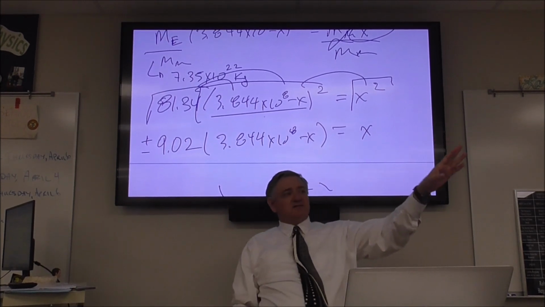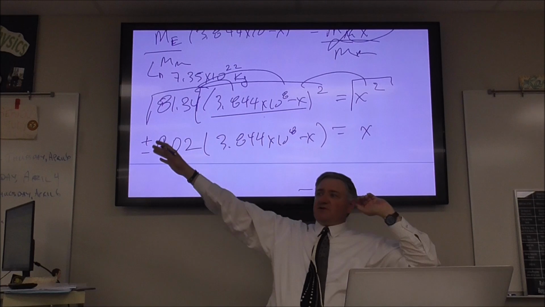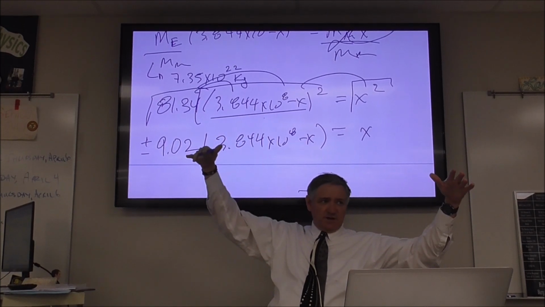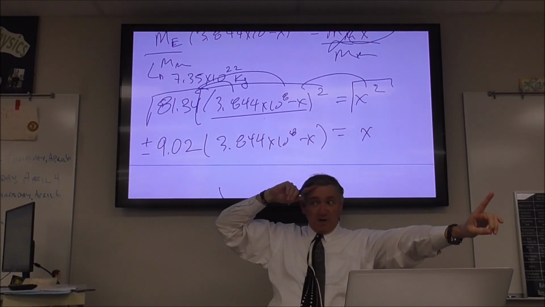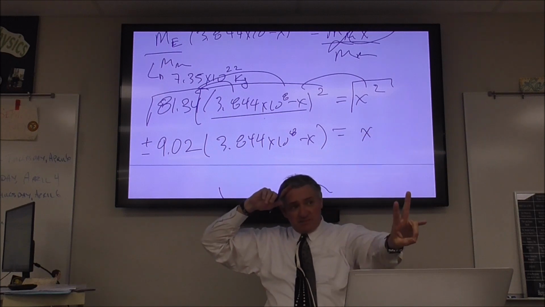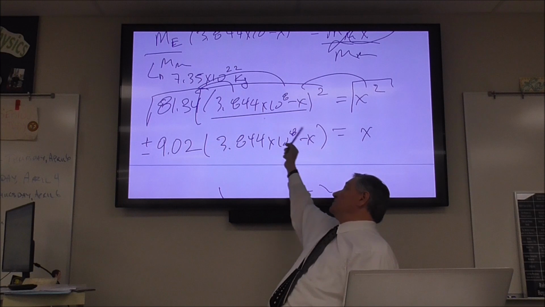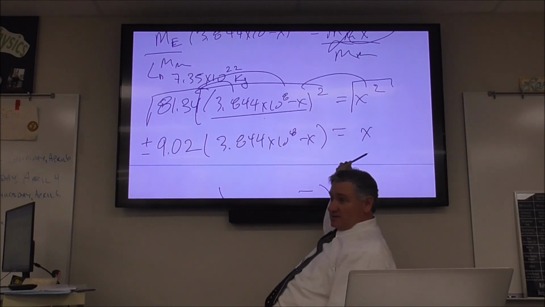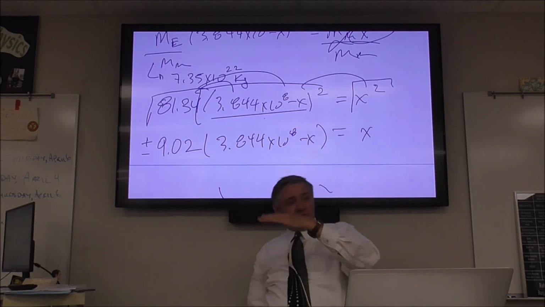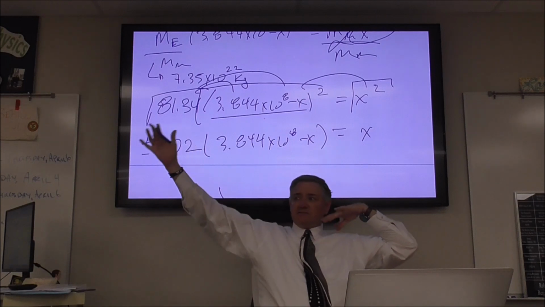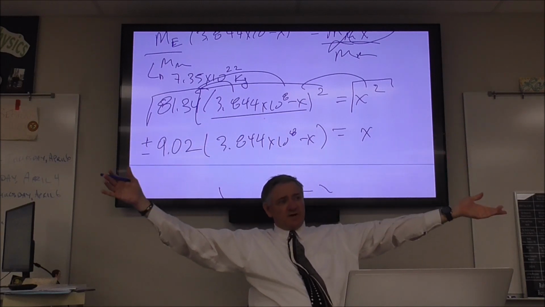Then get all your x's on one side, get the numbers on the other, solve for x. Okay? That's how you're going to get one possible root. If you get the second possible root, then you take negative 9.02 and distribute that. Get your x, you got an x over there. Then get your x's on one side, get the numbers on the other, solve for x that way.